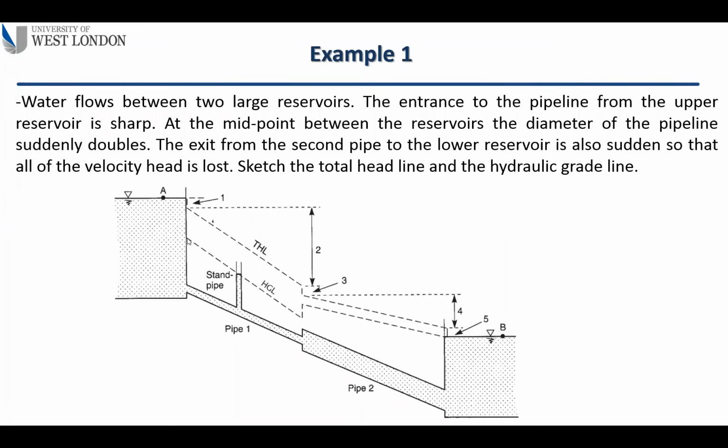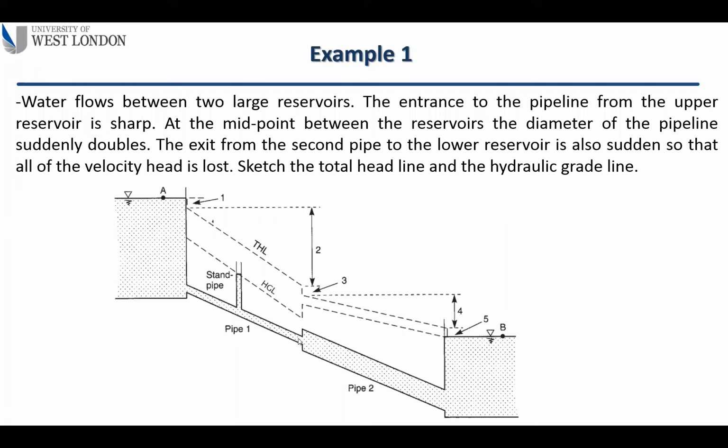Once the flow runs through the pipe, we lose energy head due to friction on the sides. So we have a decreasing gradient, both lines at the same level, because we lose energy head at the same rate. It decreases down to the point where the diameter changes.